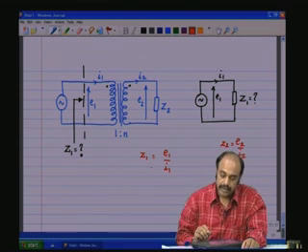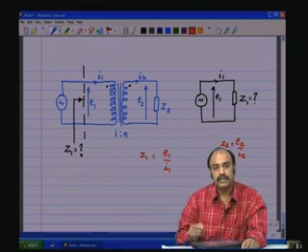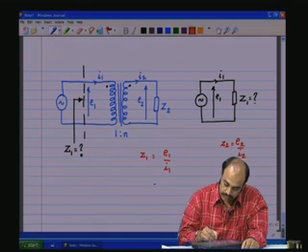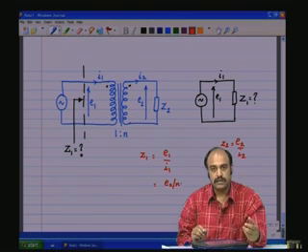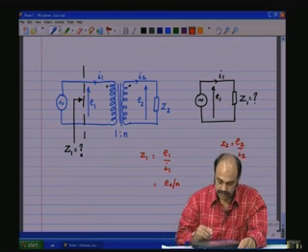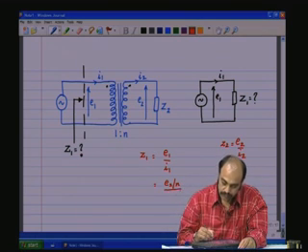So, let us express E1 and I1 in terms of E2 and I2, that is the secondary side. So, we know that E2 is N times E1, so E1 is equal to E2 by N, divided by I1, which in terms of I2 would be N I2.